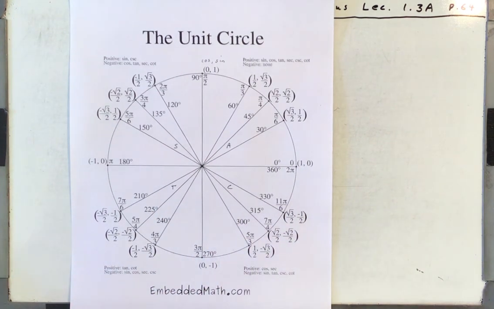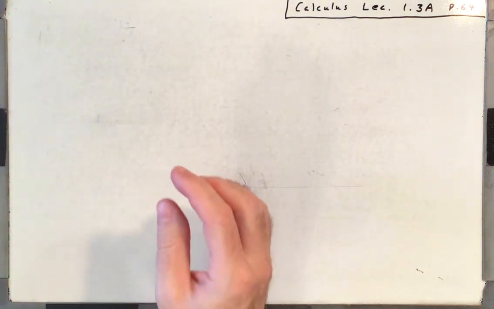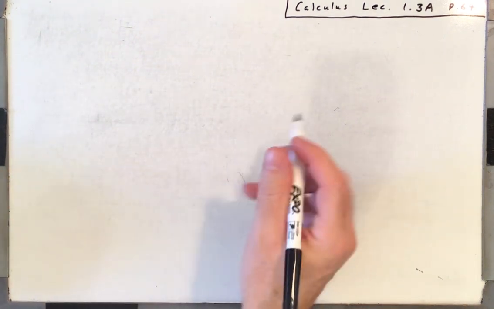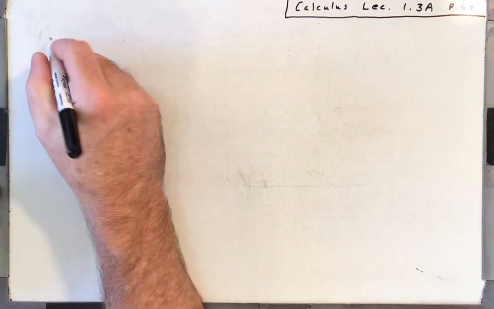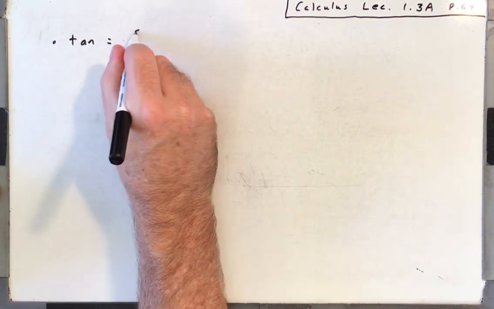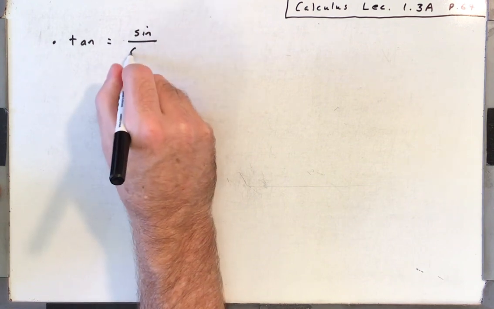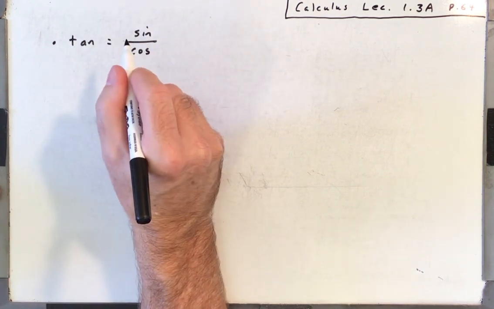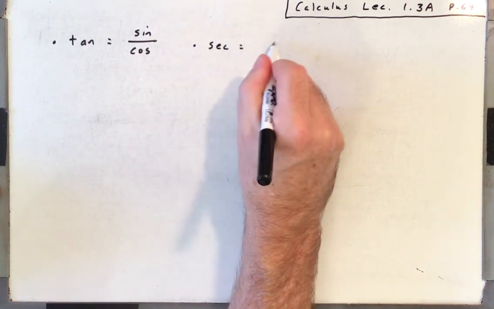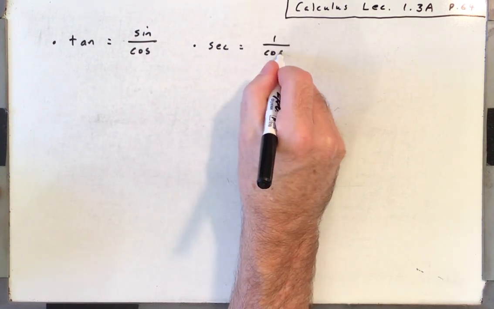So we're going to use that unit circle and do a little bit of a refresher for the trig identities real quick. You need to remember that tangent is equal to sine over cosine. Secant is equal to 1 over cosine.